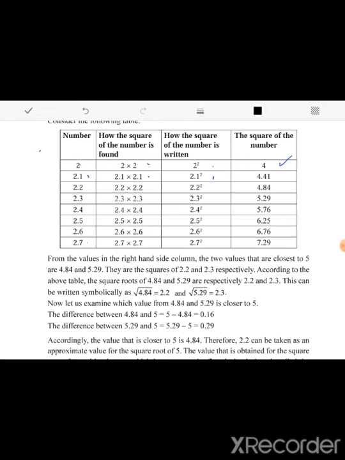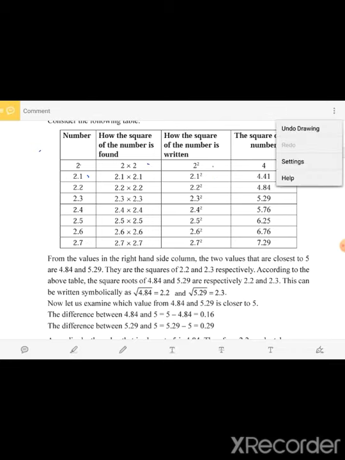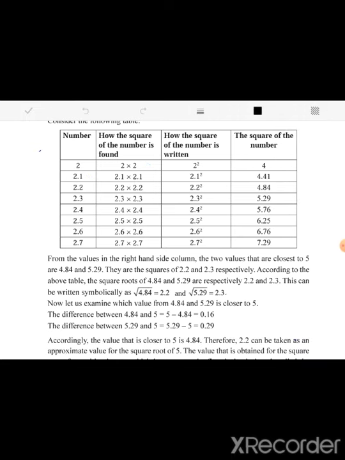Likewise up to 2.7 squared is equal to 7.29. So what is the square root of 5? Let's say you don't have 5 here, but you can see 4.84 and 5.29. 5 is in between these two numbers, right?